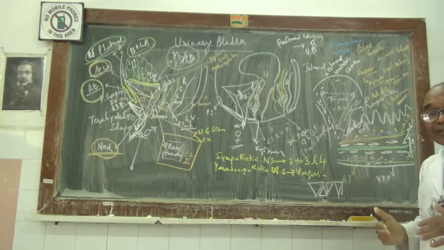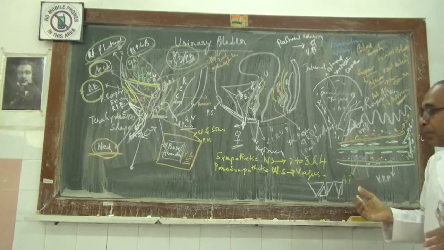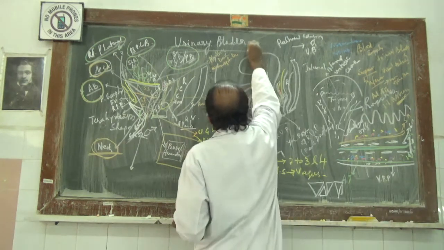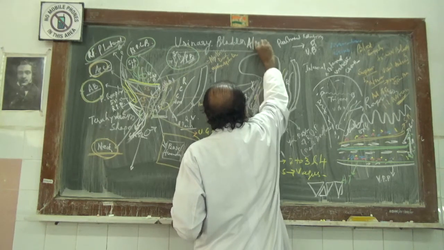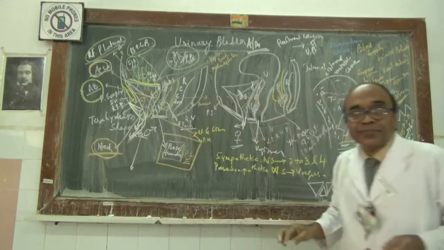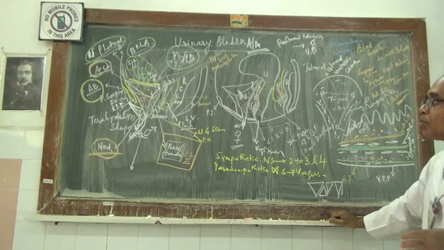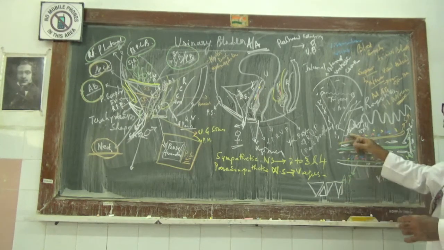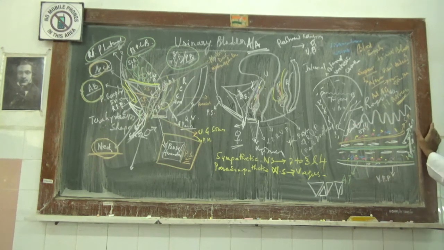Now after having had this, you have to go to the applied part of the urinary bladder. The applied part is inflammation of the mucosal coat. It may be said to be cystitis.